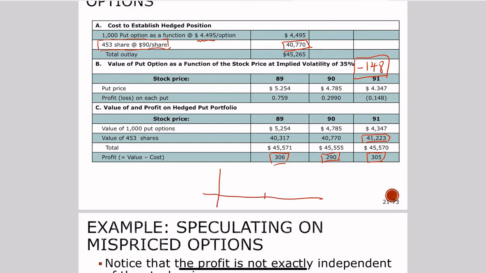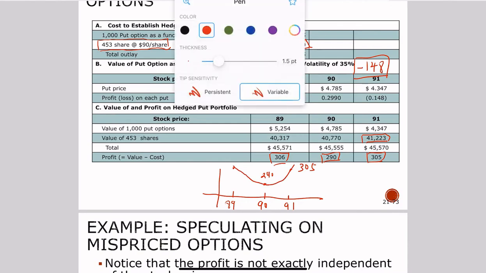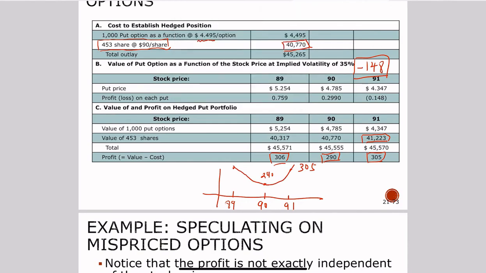That is, if stock price stays at $90, my profit would be $290. And if stock price increases to 91, my profit is $305. And if it decreases to 89, my profit is $306. So theoretically, you should get a flat curve.